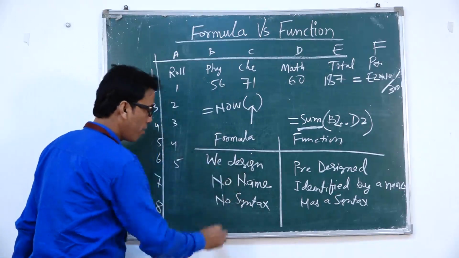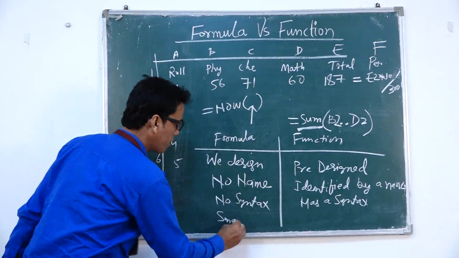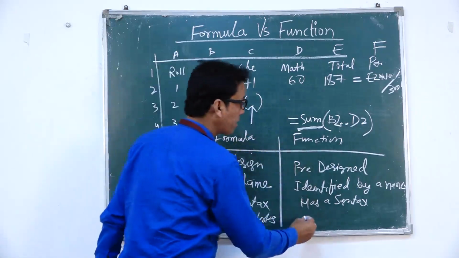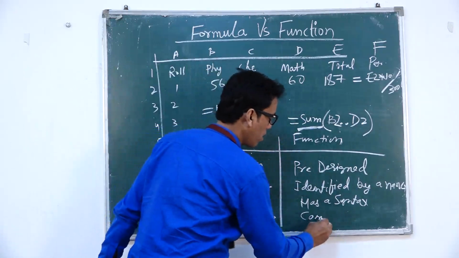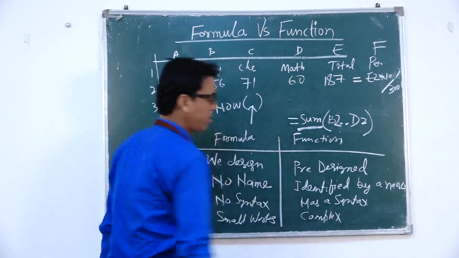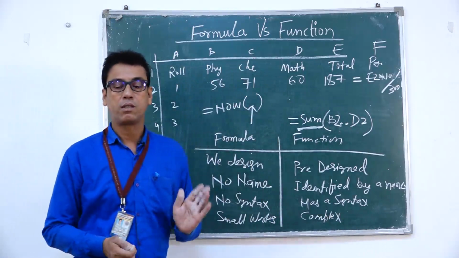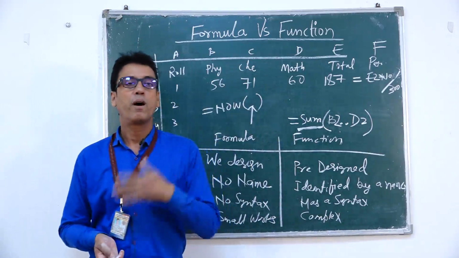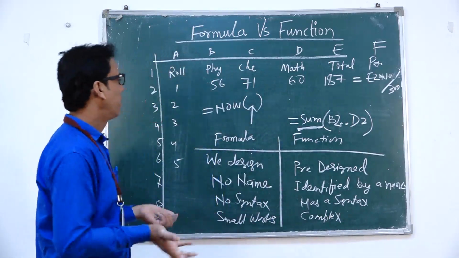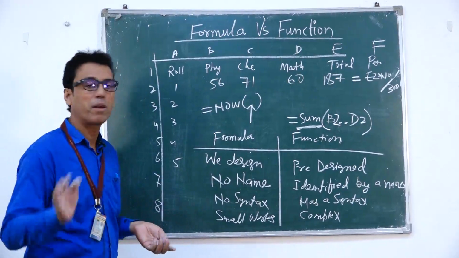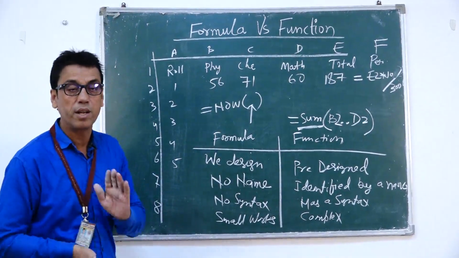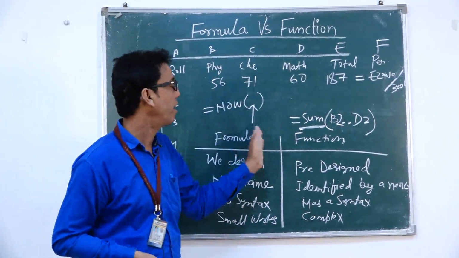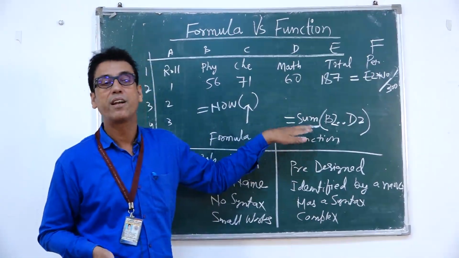Formulas are used for small works, whereas functions are used for complex tasks. In our example, we may feel that one task can be done either by formula or by function. This is merely incidental: for addition we have a function, and we can also do it by formula.